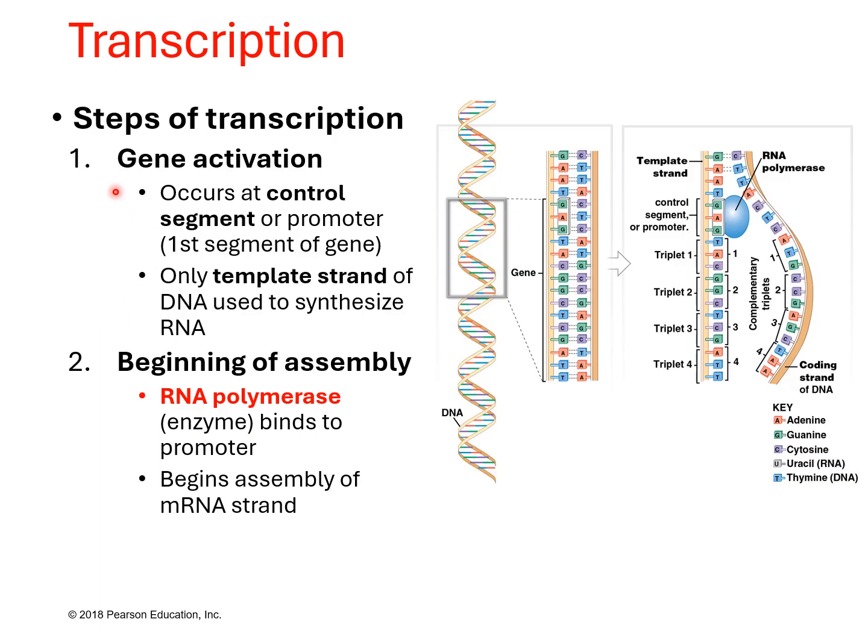So let's look at this. We already went over this, where one strand has a strand that corresponds to it. RNA polymerase is going to unwind it, and this is where the codons are going to be, in red.